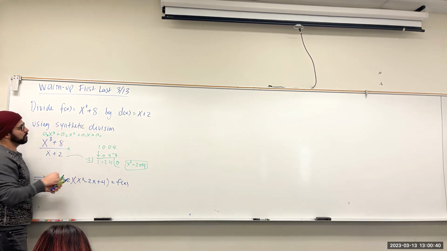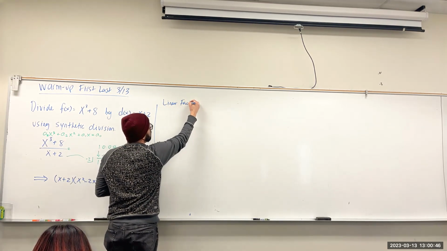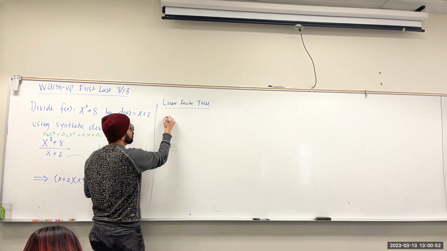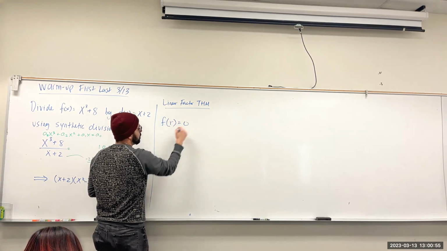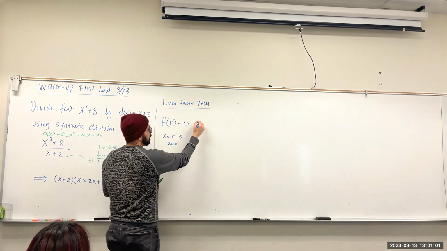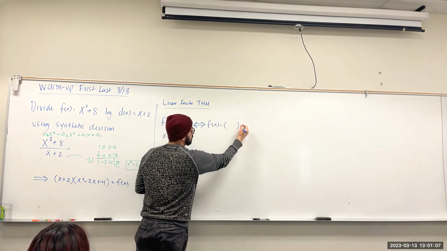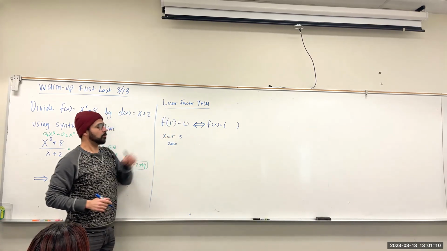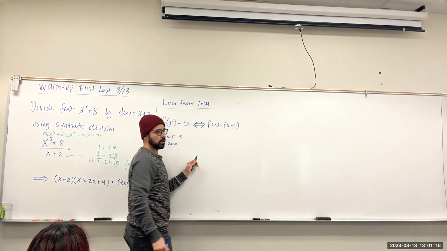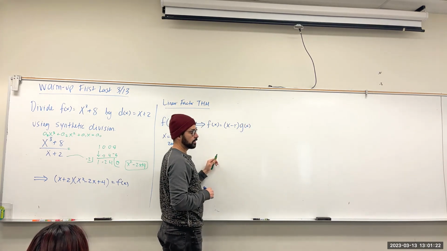There was a linear factor theorem that told us if you have a polynomial and you know that x equals r is a zero, then it's equivalent to knowing that this function factors into a linear term x minus r, and then some other polynomial like this. That was one of the theorems we learned last class.